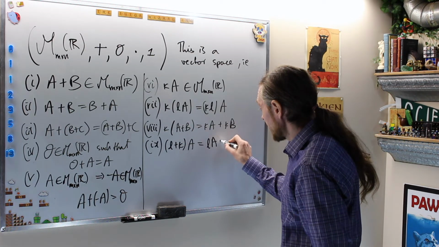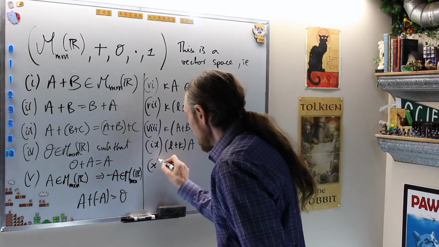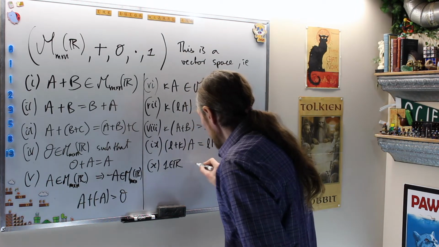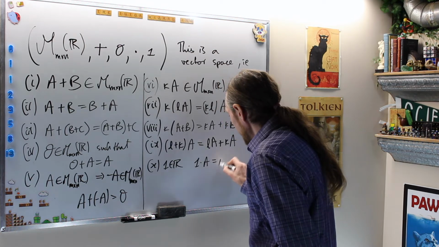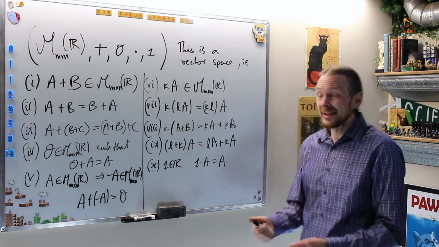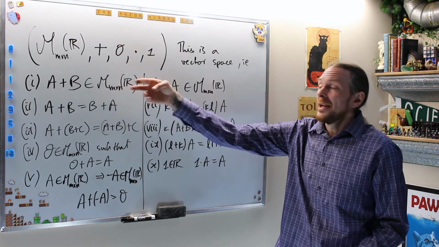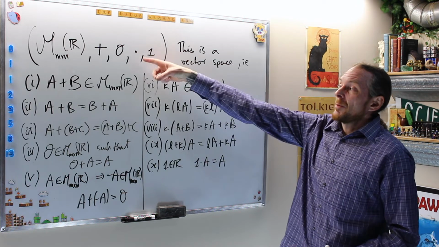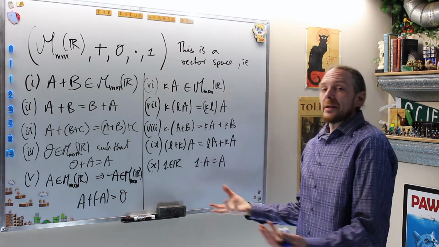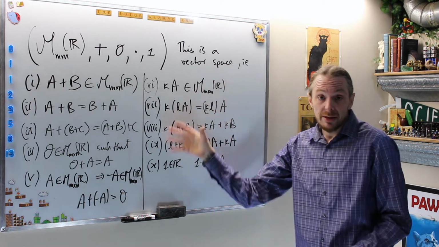That's L times A plus K times A. And 10 is we have a 1 in R such that 1 times A is A. We have scalar identity. These 10 axioms say that the set of all m by n matrices with matrix addition, the 0 matrix, scalar multiplication, and the number 1 in R is a vector space over R also. And they give us a whole bunch of the algebra that you're now allowed to use.